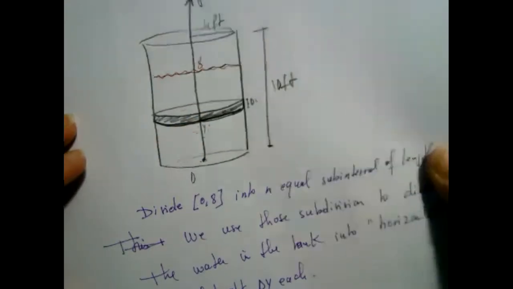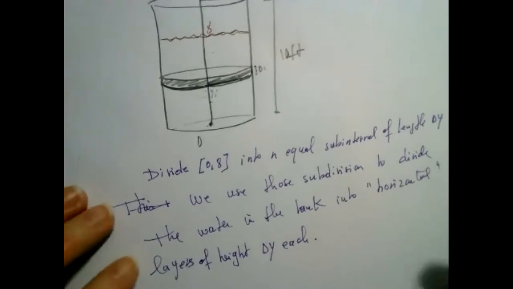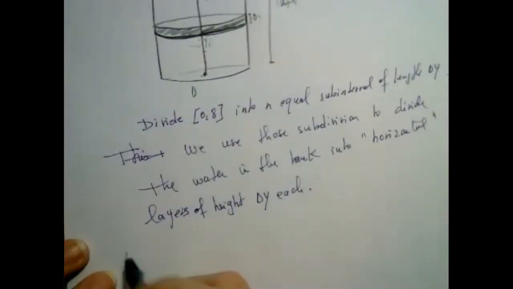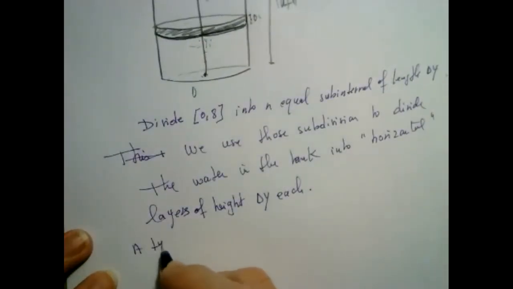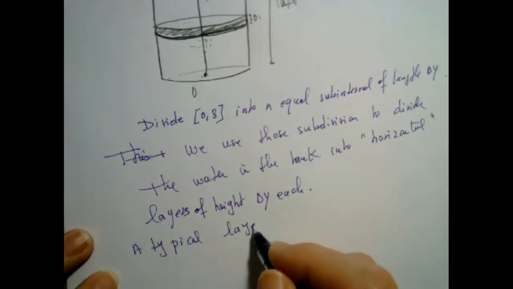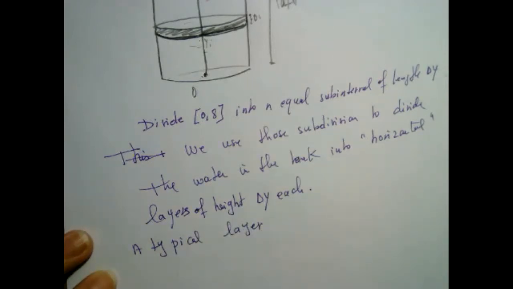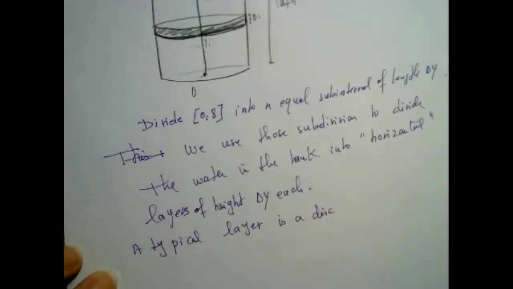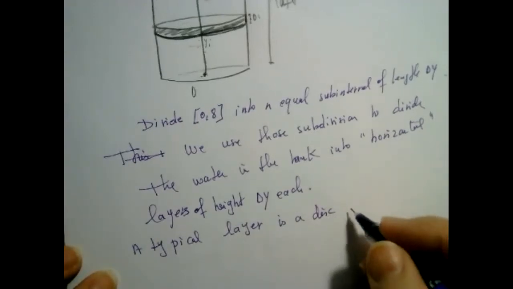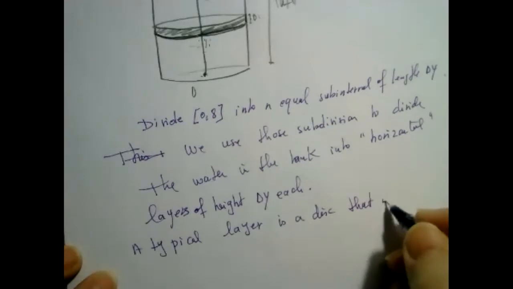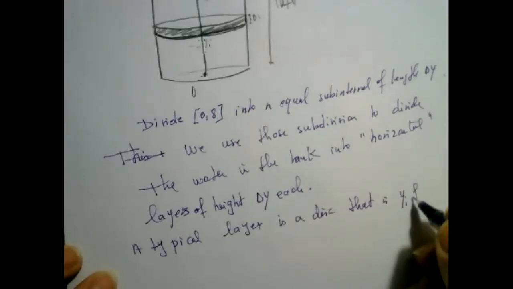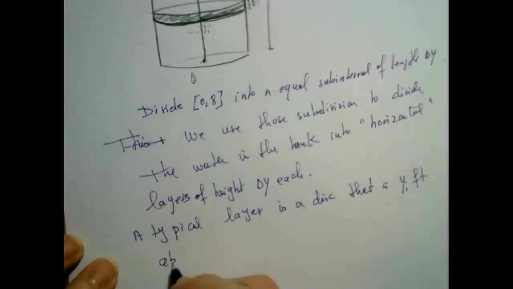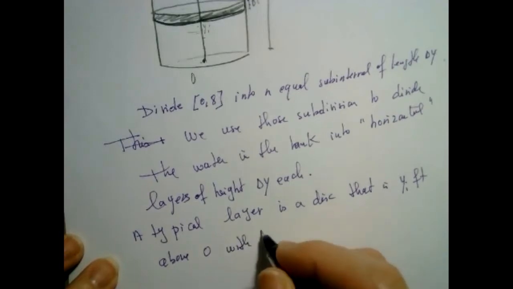of them. Now, a typical layer in this particular problem is a cylinder or a disk, because delta y is going to be very small, a disk that is yi feet above 0 with height delta y.